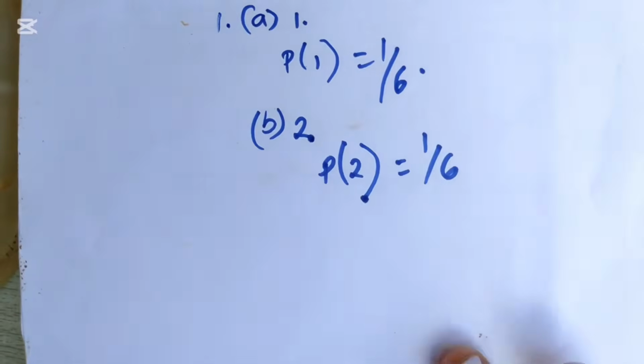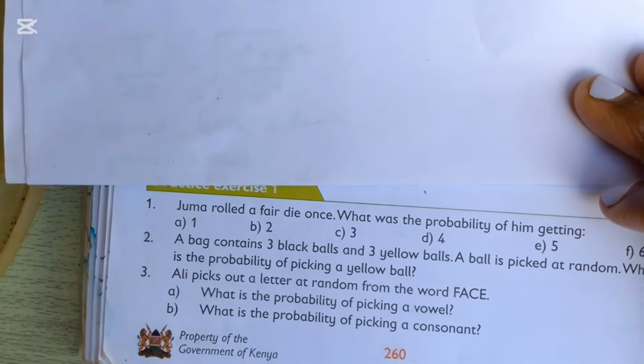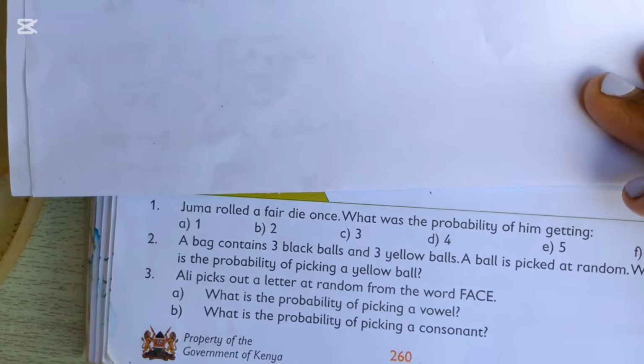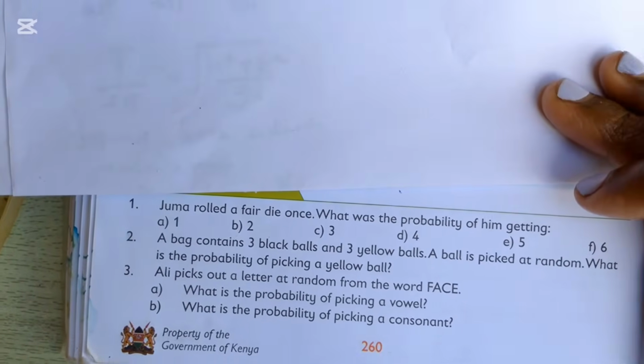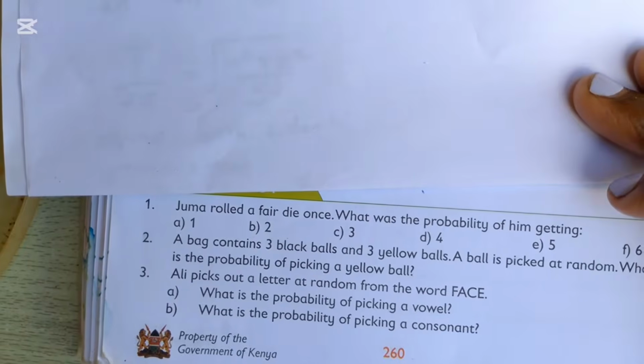Then number 2, we have a bag that contains 3 black balls and 3 yellow balls. A ball is picked at random. What is the probability of picking a yellow ball? So we are going to analyze the question.